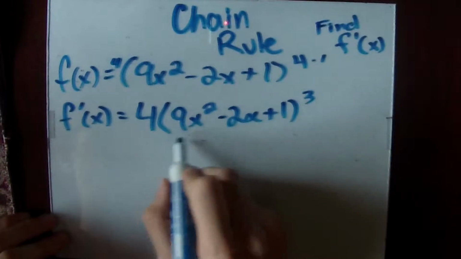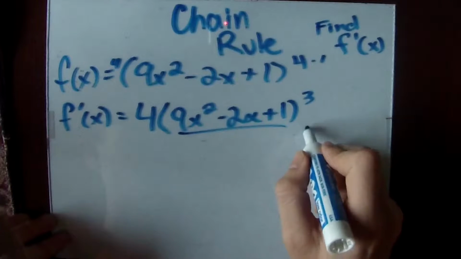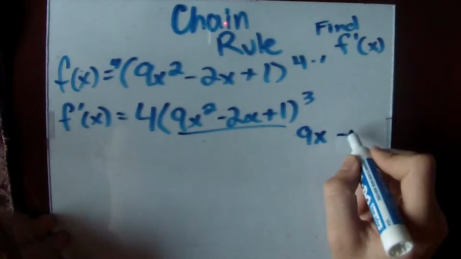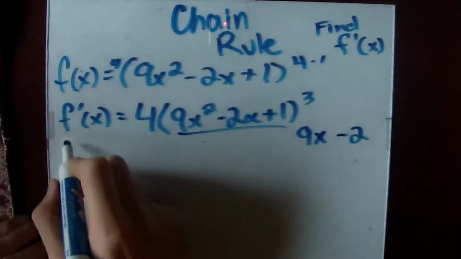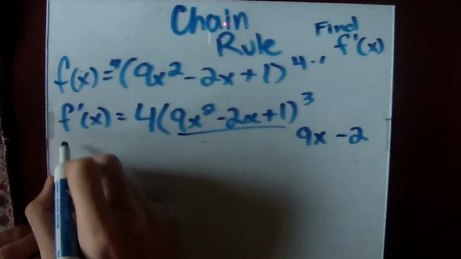Now you have to take the derivative of the inner function. This time it's a little bit more complex. So simply it's going to be 9x minus 2. Simple, just taking the derivative of the function.